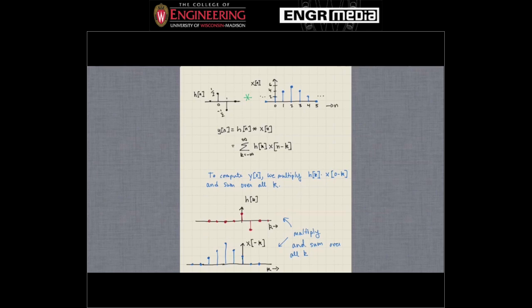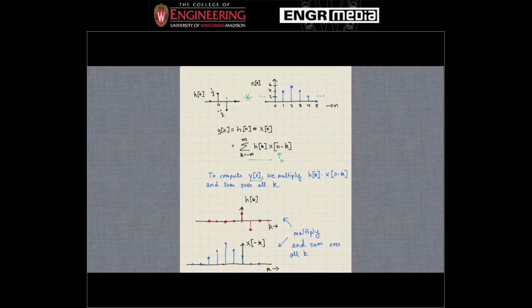Let's compute the output y of 0, the output at time 0. If we look at this definition, all we have to do is replace n by 0. Then we have to multiply the signals together and sum over all values of k. That's precisely what we're going to do.